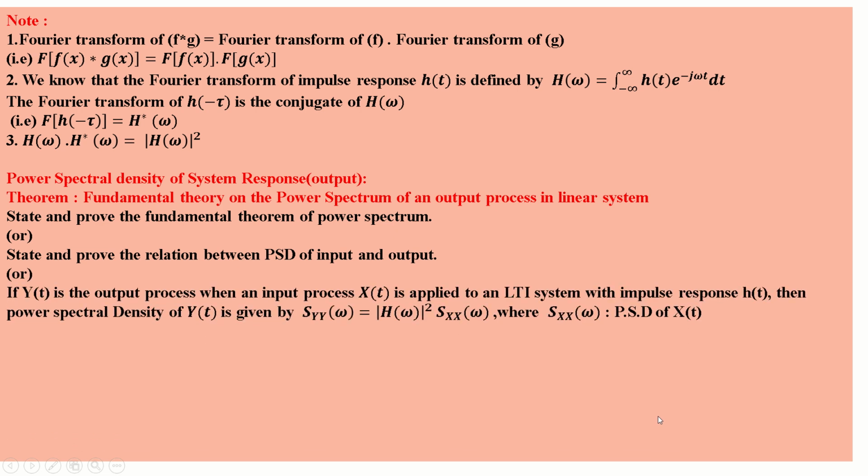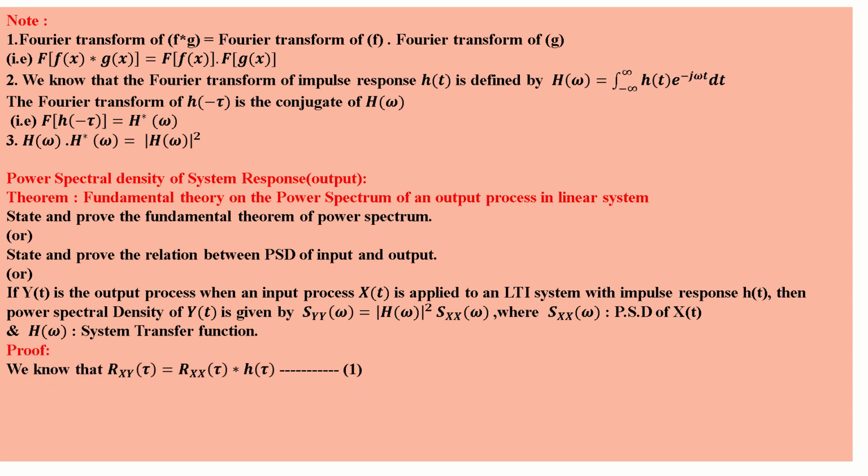If y of t is the output process when an input process x of t is applied to an LTI system, a linear time invariant system with impulse response h of t, then the power spectral density of y of t is given by Syy of omega equal to modulus H of omega squared times Sxx of omega, where Sxx of omega is the power spectral density of x of t and H of omega is the system transfer function.